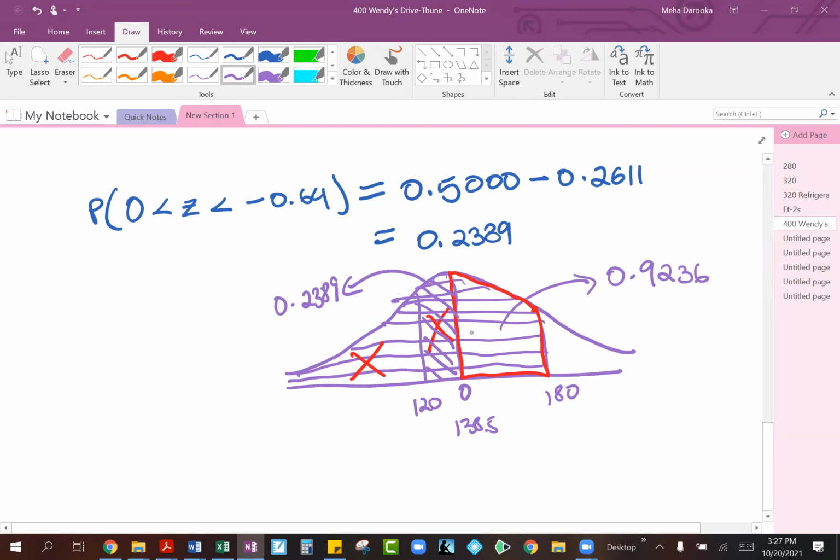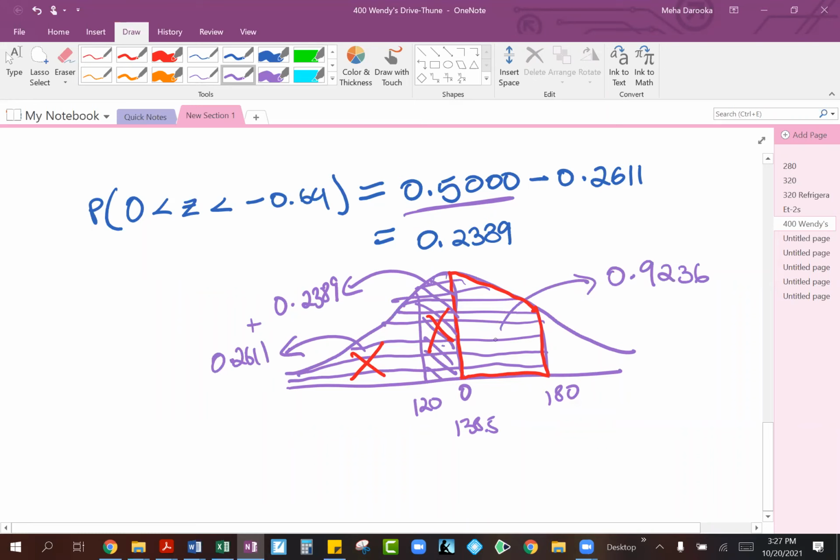Sorry, that was for the little guy. Everything from 120 to the left would be this area here, because we had to subtract from 0.5. This area was 0.2611. This area was 0.2389. We know together that adds up to half, 0.5.